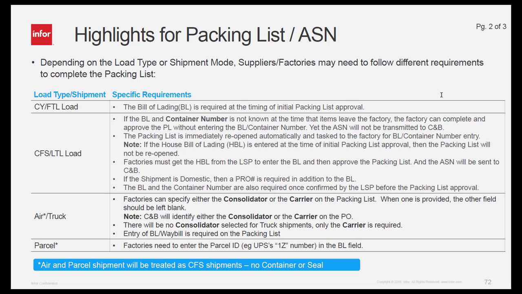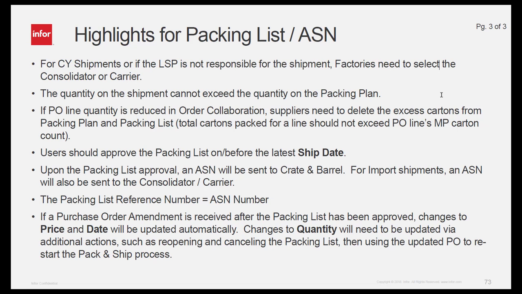So if it's a truck, you're going to go with the courier. You must enter the BL or waybill number on the packing list, please note. For parcel, factories will need to enter the parcel ID. Example, UPS is going to start with a 1Z number, and you will enter the entire tracking number in the BL field.